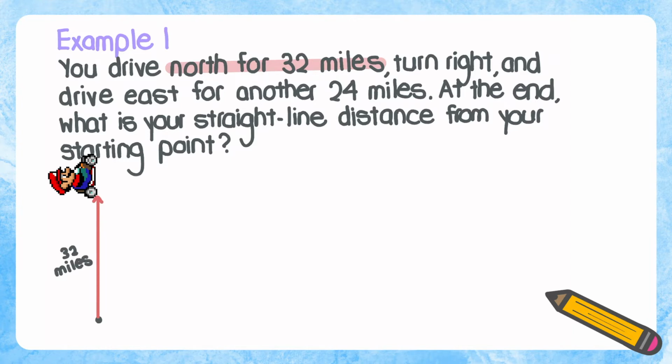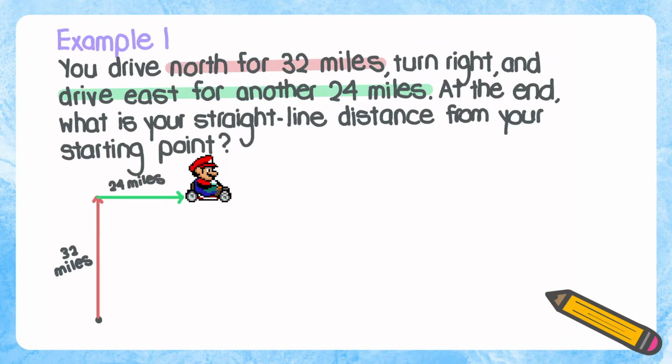And then we turn right and drive east for another 24 miles. So we go right for 24 miles. So let me write this distance right here, 24 miles. So we started at that bottom point and ended here.